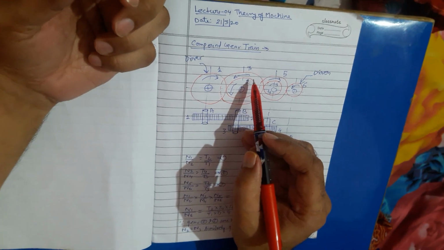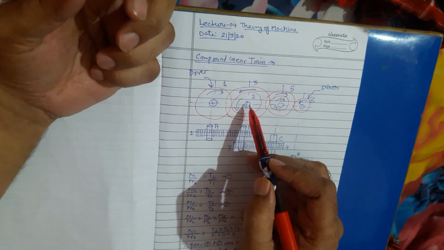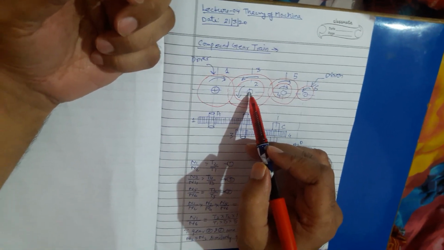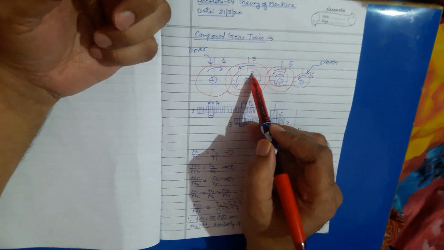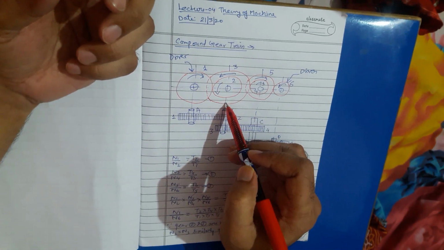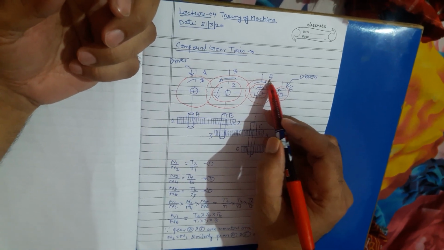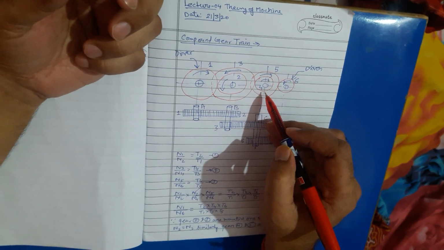And here you see there are some intermediate gears. Gear number 2 and gear number 3 are mounted on the same shaft, the same as gear number 4 and gear number 5, which are mounted on the same shaft.